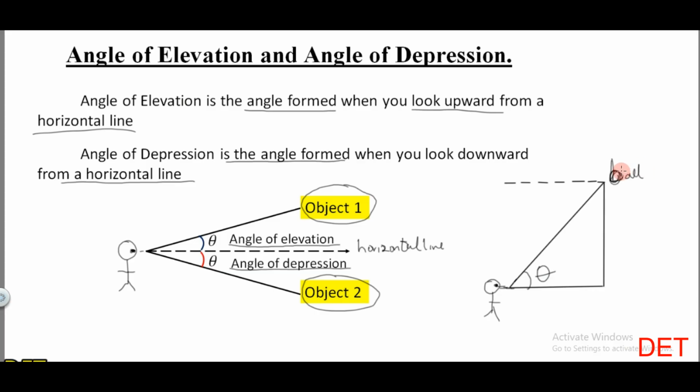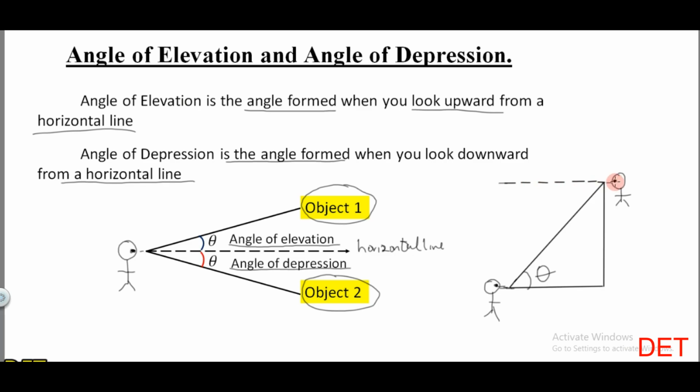So let's assume now that the person is here. The person's eye level is this horizontal line.